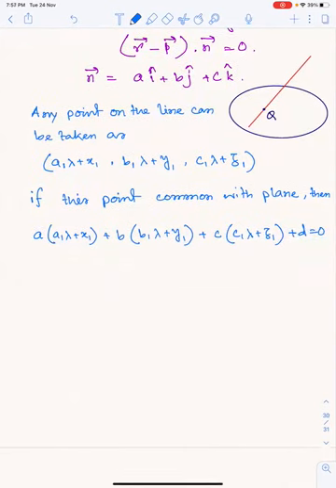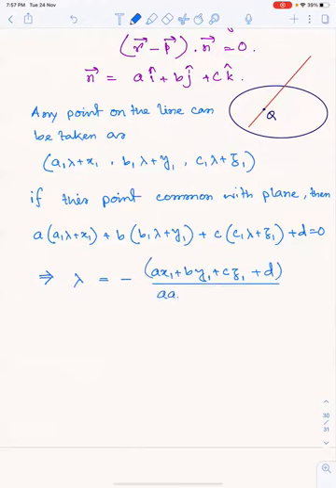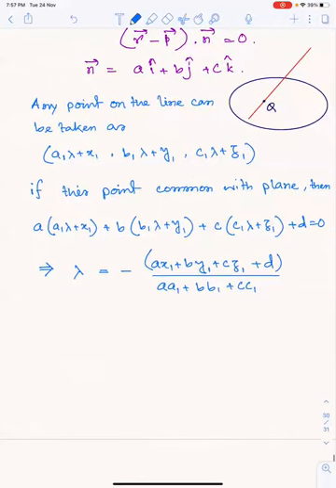Now the only unknown here is lambda, which can be determined as lambda equals minus of (a x1 plus b y1 plus c z1 plus d) divided by (a a1 plus b b1 plus c c1). Now, using this value of lambda, we can complete the coordinates of the common point.